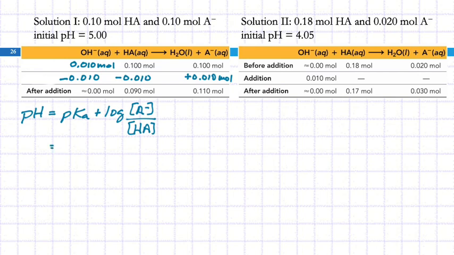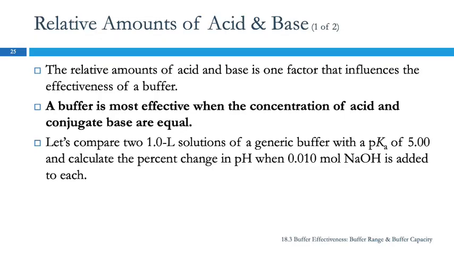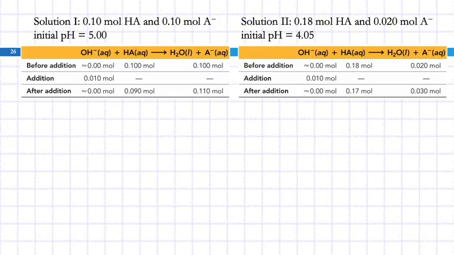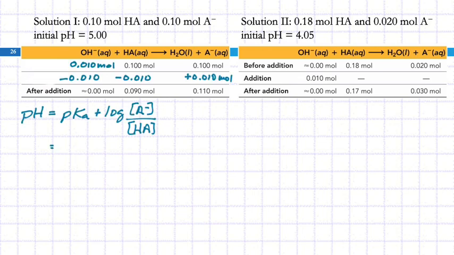So here we have... It doesn't give me the pKa. Did I do it back here? Yes, pKa is 5. So the pKa is 5 plus the log.